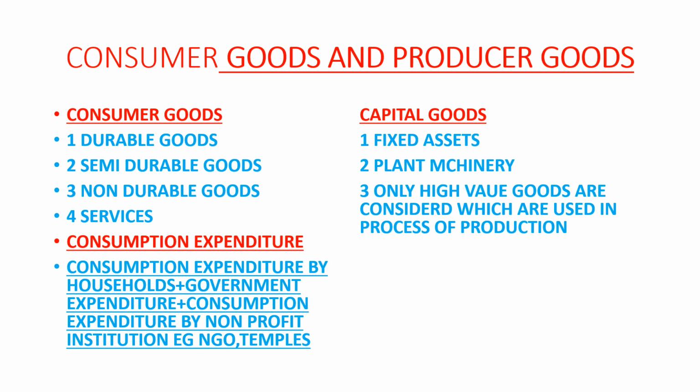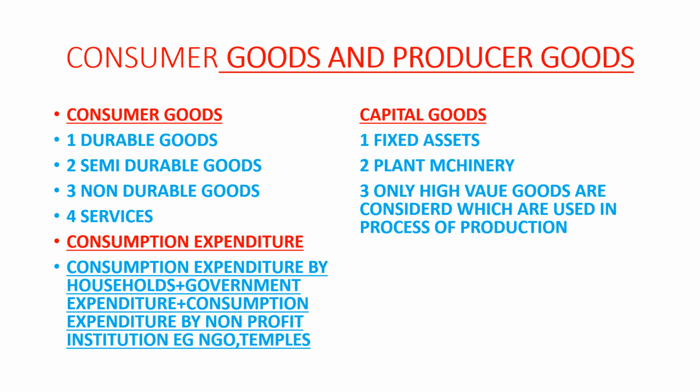Durable goods, which are used for many years, like fridge, TV, AC, etc. Then semi-durable goods, which are used for 1 year and slightly more, biscuits, chips, etc. Then non-durable goods are for immediate consumption, like milk, like bread, etc. Services are non-material goods used by consumer to satisfy their wants, like services of doctors, lawyers, etc.